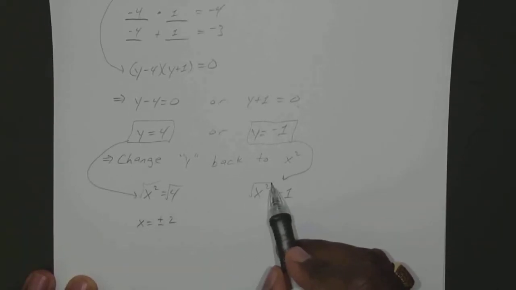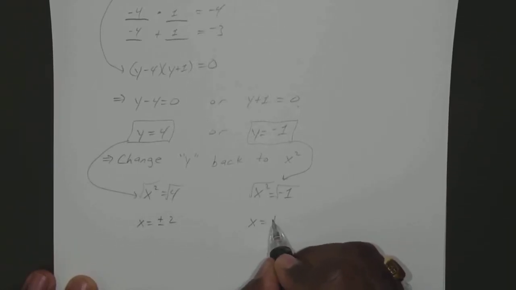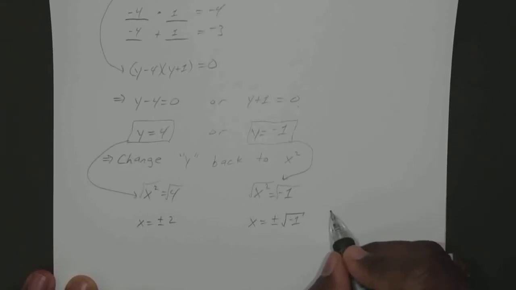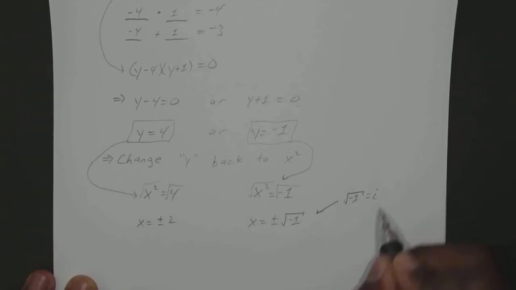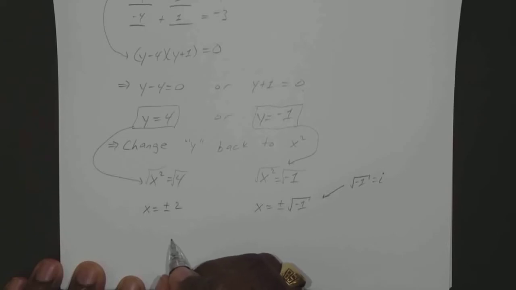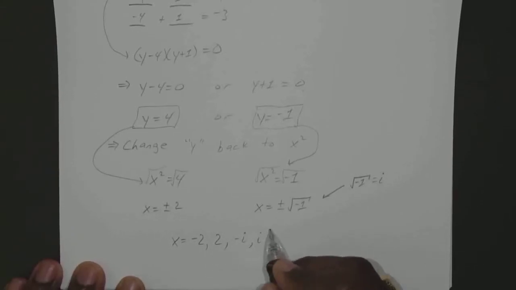And this one, you square root both sides. You have x equal positive or negative square root of -1, which we know is equal to i. So all of your solutions will include x can equal -2, +2, -i, and +i.